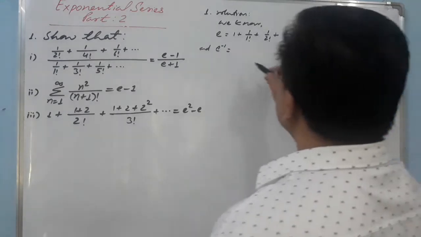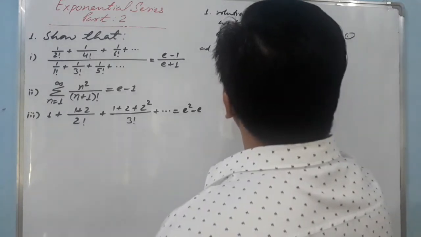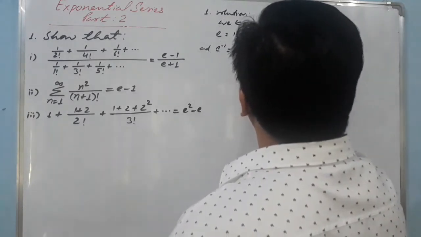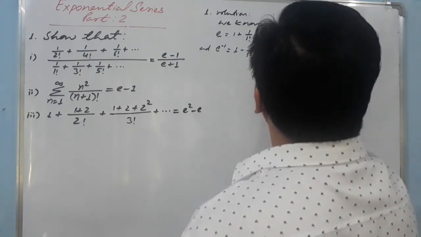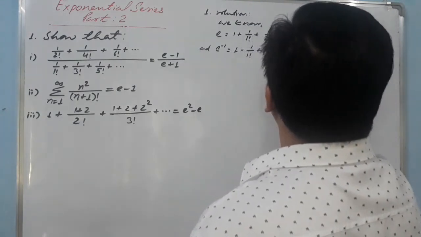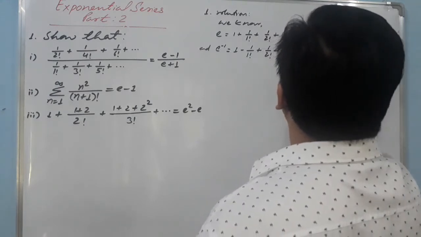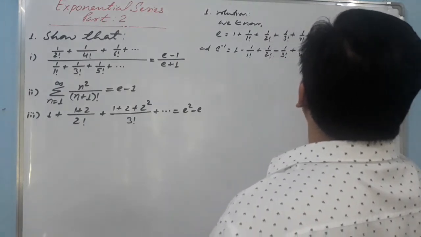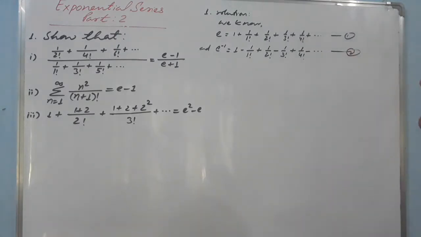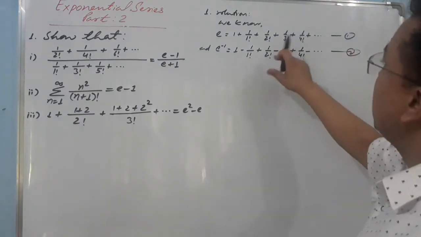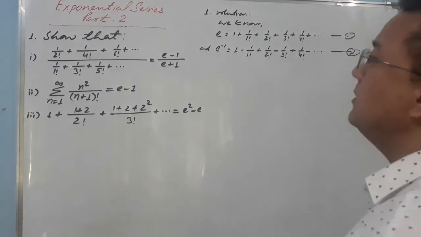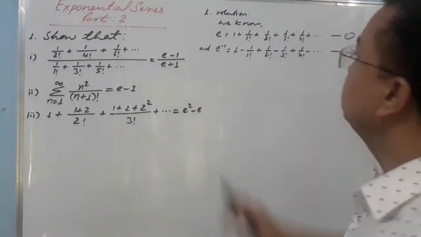Let's say this is the first. And e raised to power minus 1 is 1 minus 1 upon 1 factorial plus 1 upon 2 factorial minus 1 upon 3 factorial plus 1 upon 4 factorial and so on. This is the second.